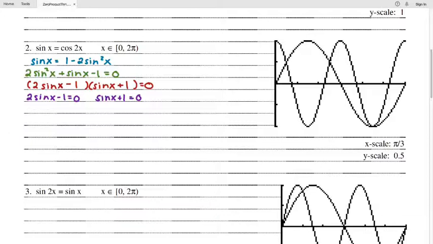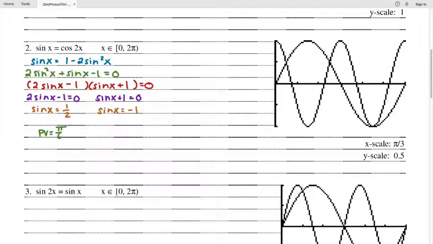Okay, so going forward, right, we have the sine of x is equal to 1/2, or the sine of x is equal to -1. Now, those are going to yield 2 principal values. The first principal value is going to come from the angle whose sine is 1/2. The angle whose sine is 1/2 is going to be pi over 6.